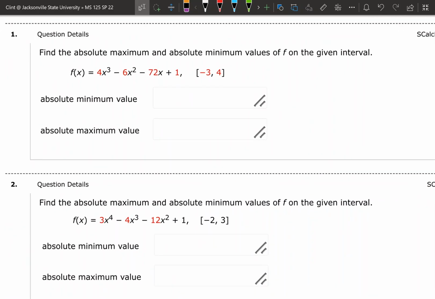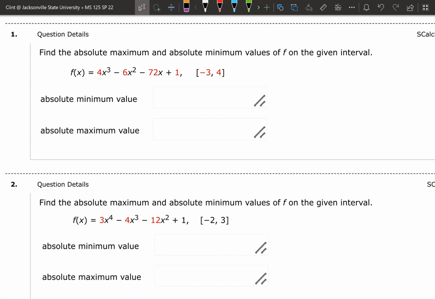Okay. So number one is find the absolute maximum and the absolute minimum. The only thing really different from a problem where we're just finding local values is that we have to include the endpoints.